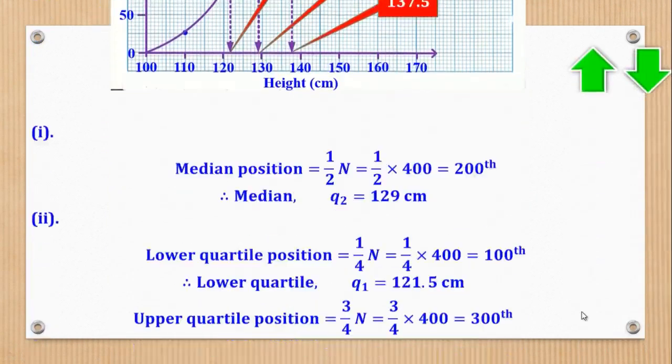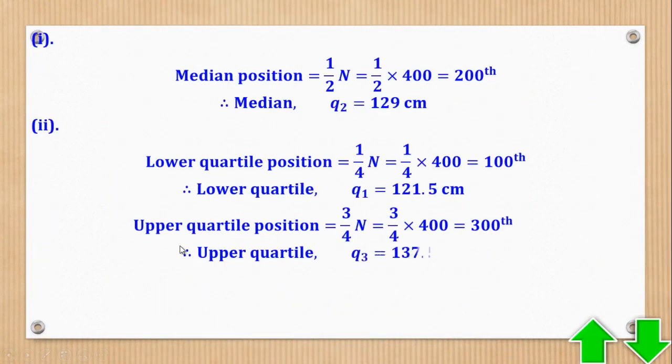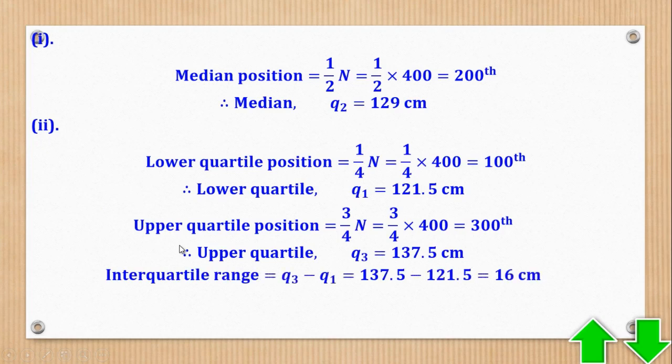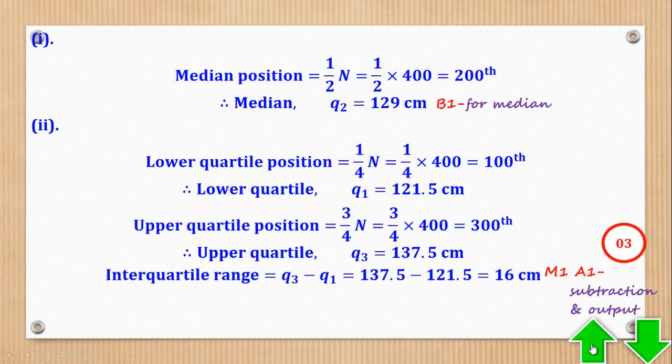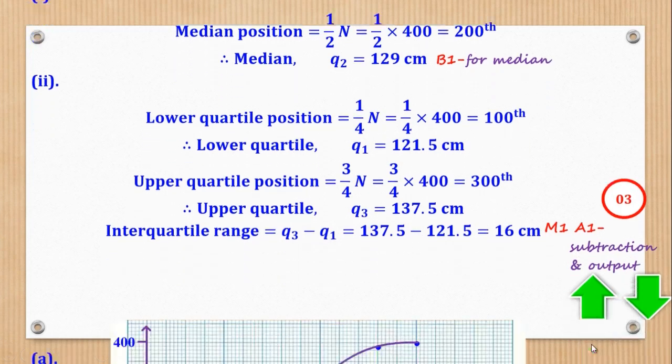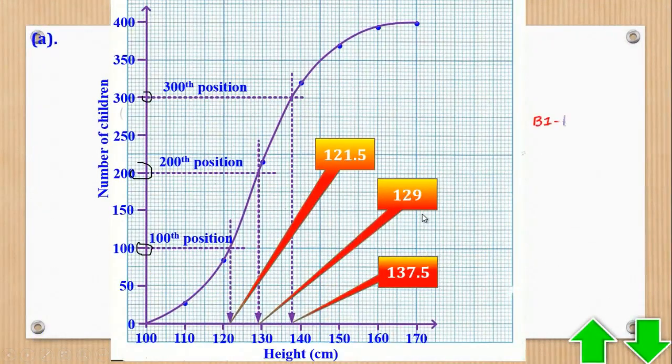Therefore, the interquartile range is got by subtraction, and that will be the answer. So that's how the 3 marks would come about in this part. Then from the curve, those will be the marks.